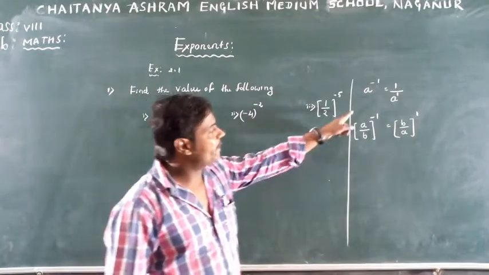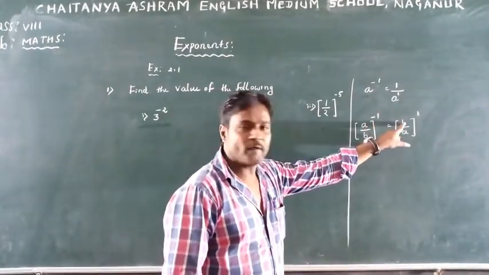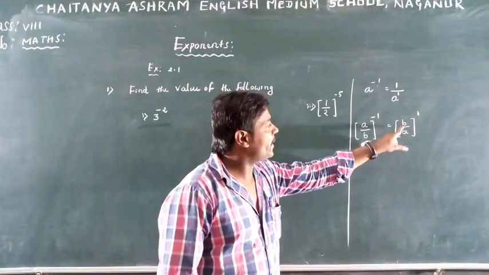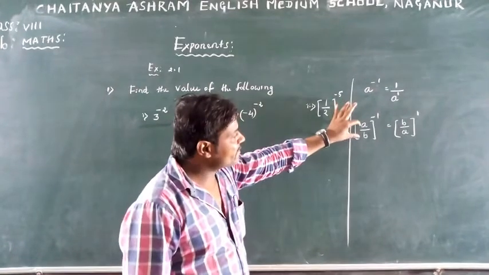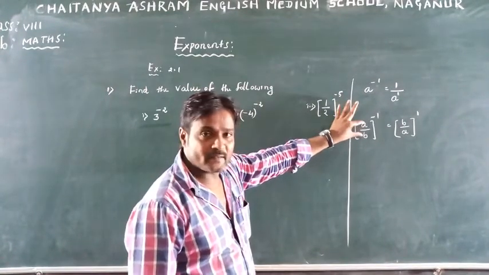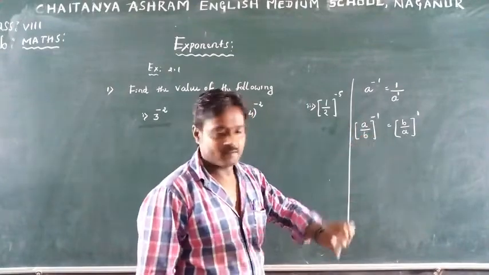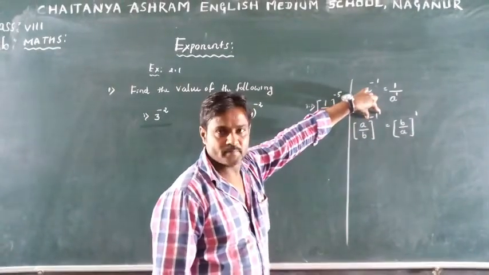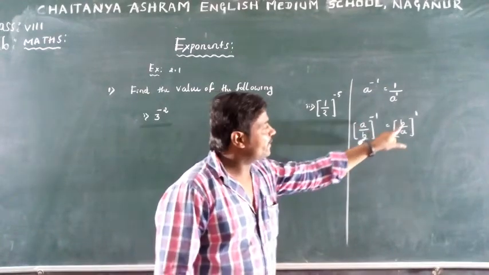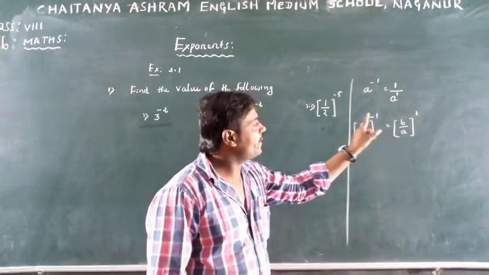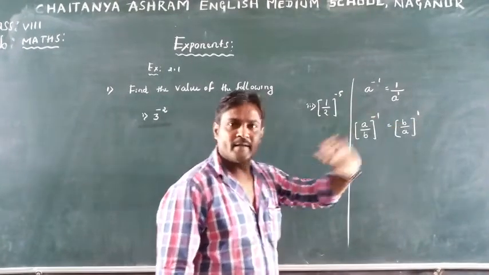So its positive exponent is (b by a) raised to the power 1. Here the fraction is the base and the power is -1. Interchange the numerator and denominator, that is b by a, and instead of -1 write +1. That is the conversion.